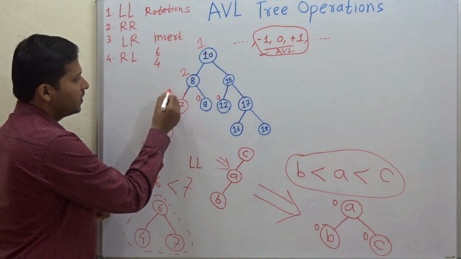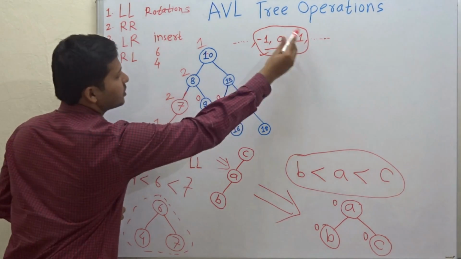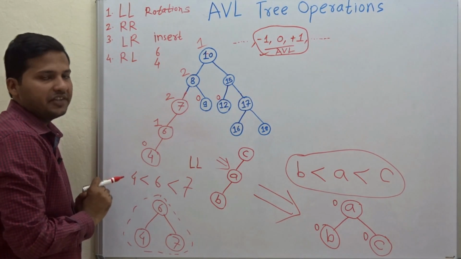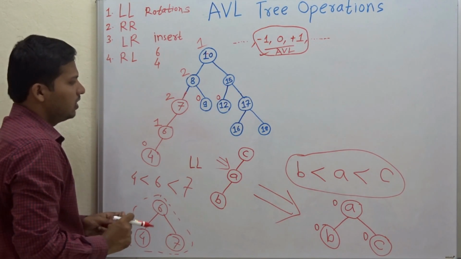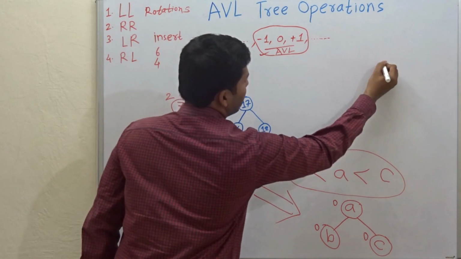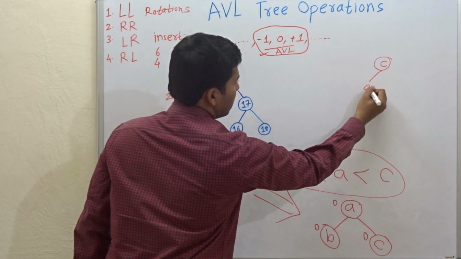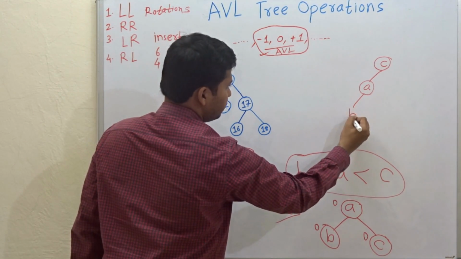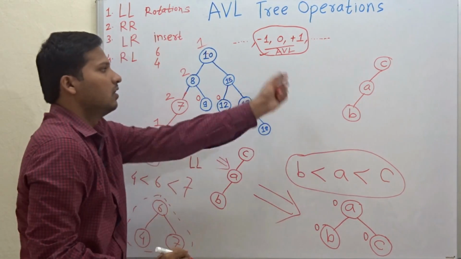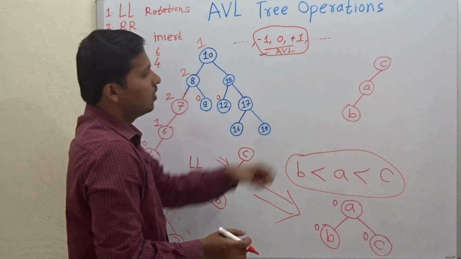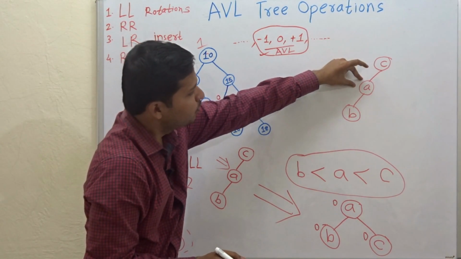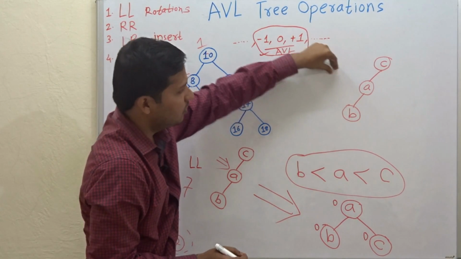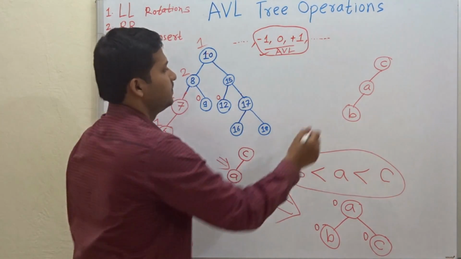So now because of the balance factor 2, this was not satisfying the AVL tree condition. So the method is that if this is your unbalanced branch, C, A, B, now you have to just imagine pulling the middle node. You have to pull the middle node.